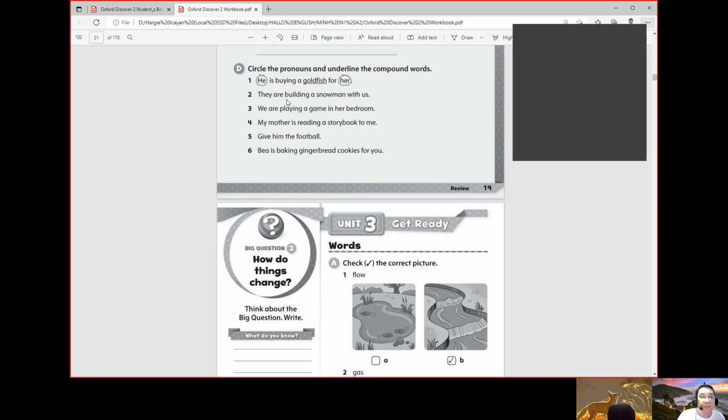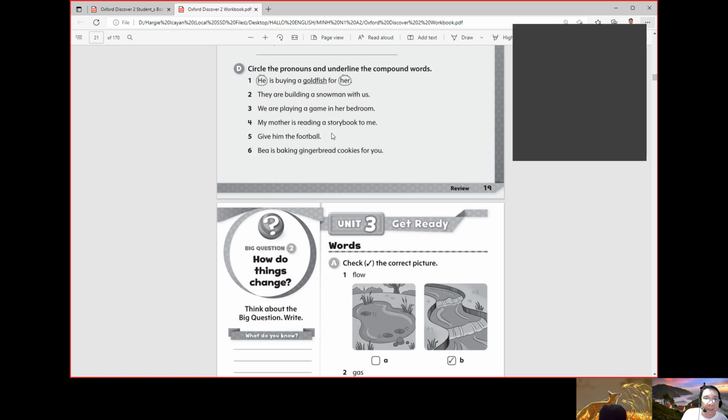They are building a snowman with us. What are the pronouns? They and us. What is our compound word in that sentence? Snowman. Very good.